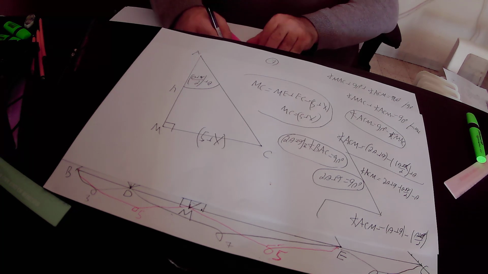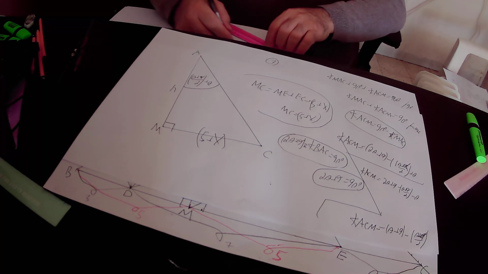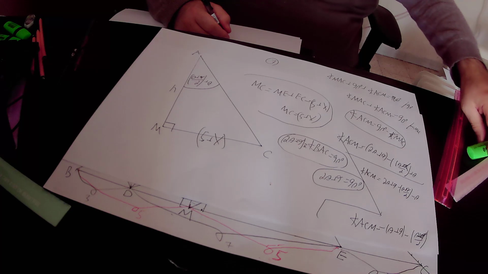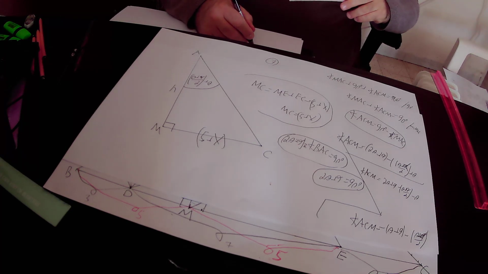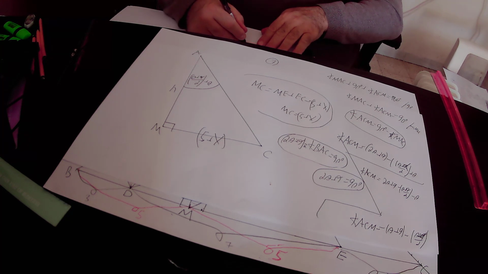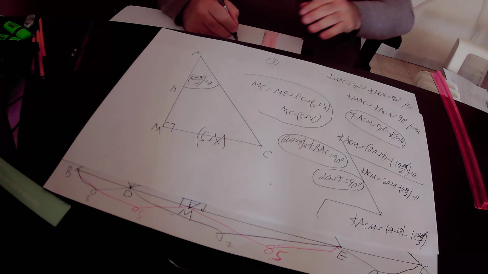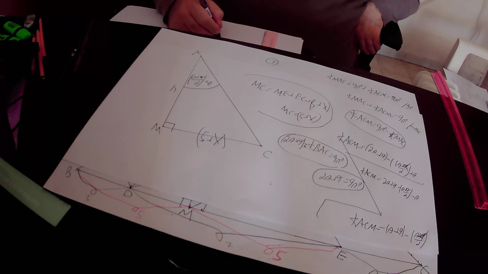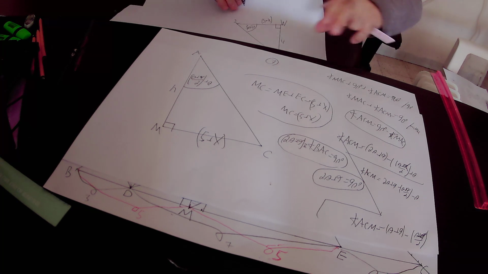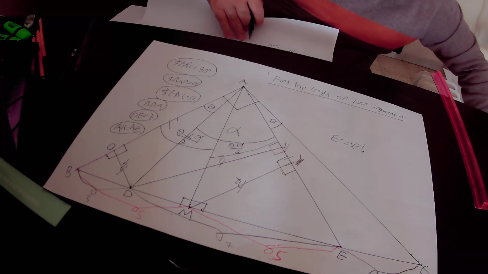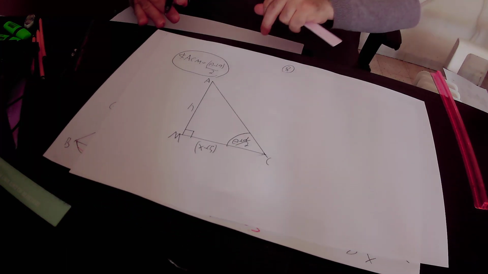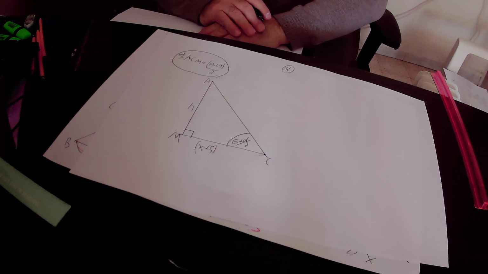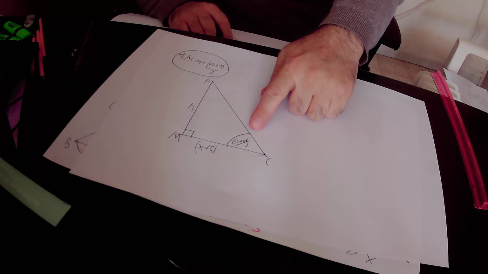So this is the right triangle, triangle AMC, and we just found out that angle ACM equals theta plus alpha over 2.